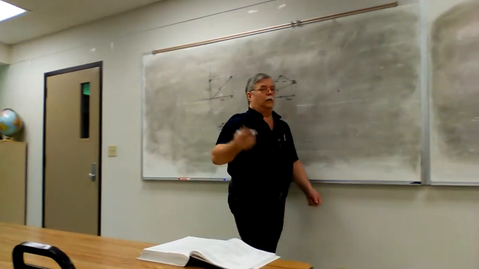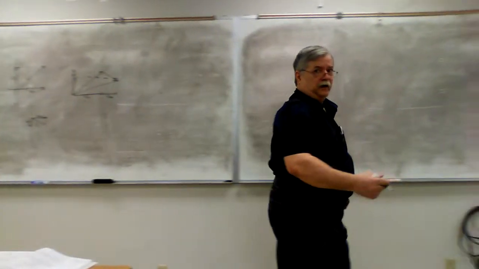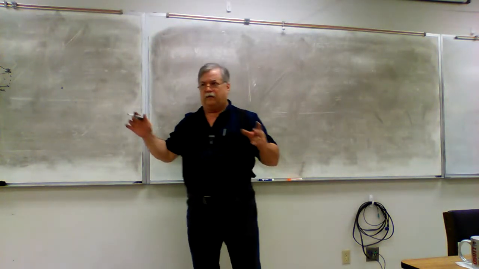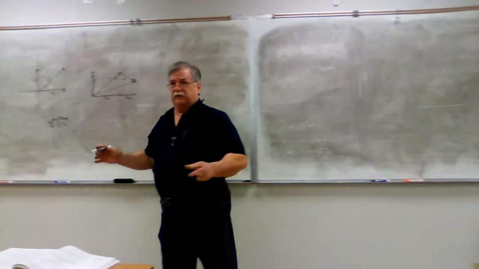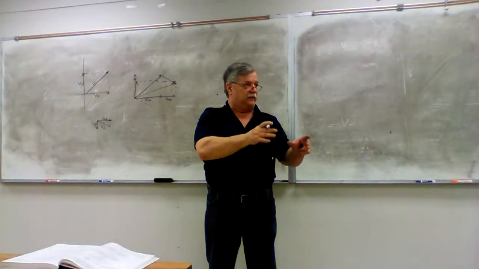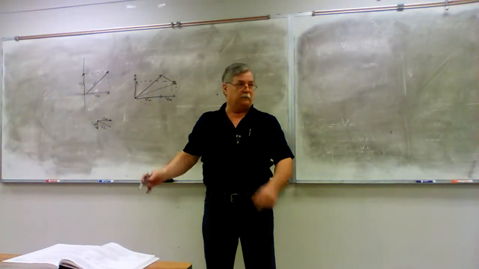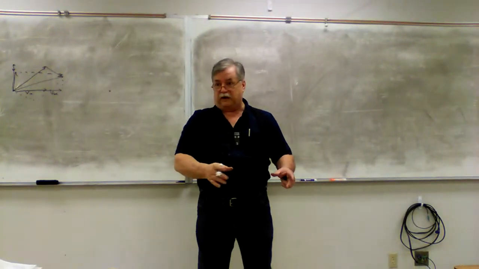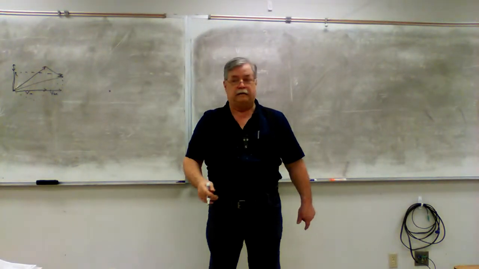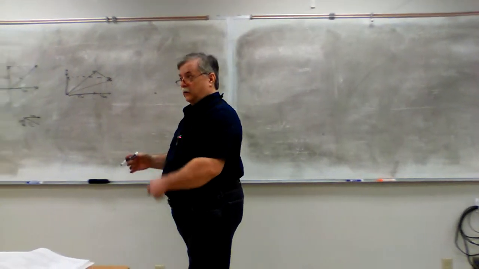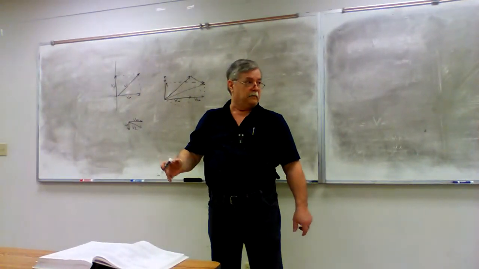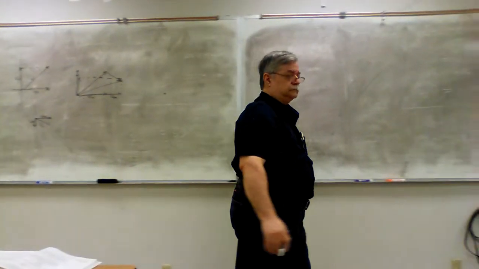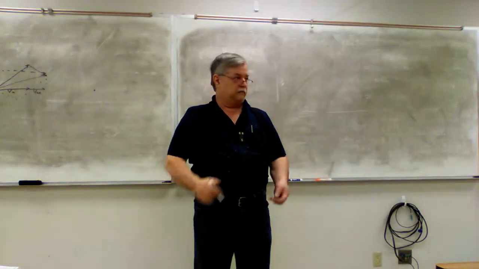So, once we've converted our vectors into rectangular coordinates, we can get the resultant vector sum by simply adding the associated components. Add the x components, magnitudes together, and multiply by i. Add the vertical components together, the y components together, and multiply by j. And you get your resultant vector.